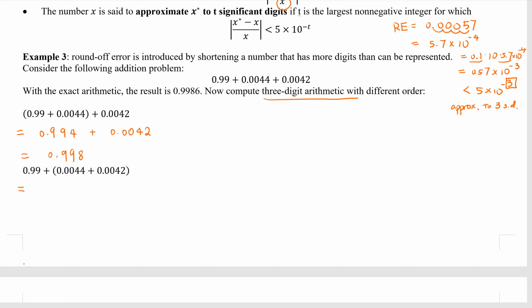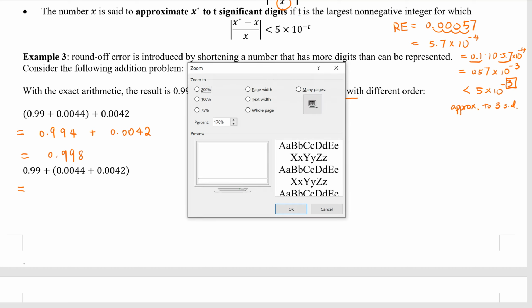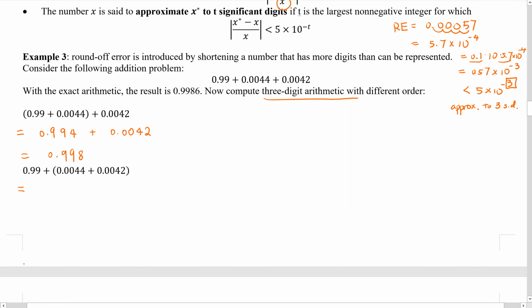Okay, what if we do the calculation of the last 2 numbers first? Then we get 0.0086, right? But what do you do with the 6? We round up. So we get 0.009.